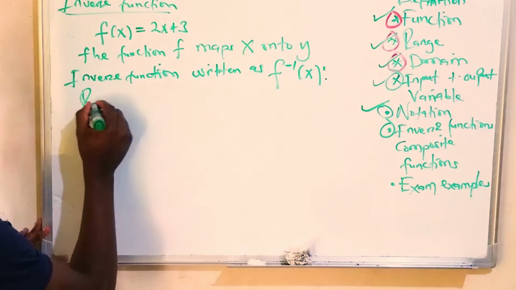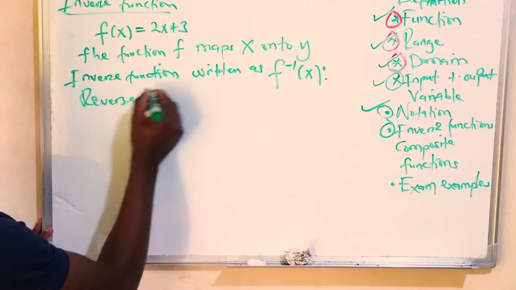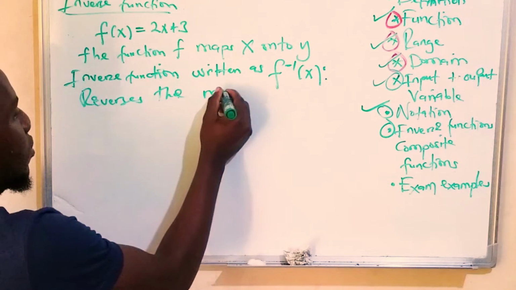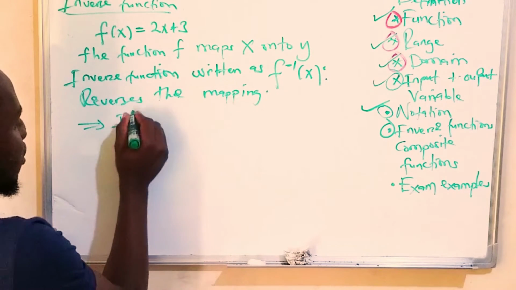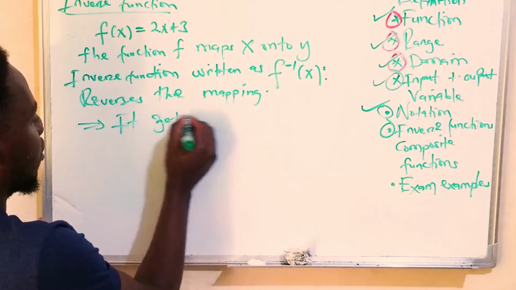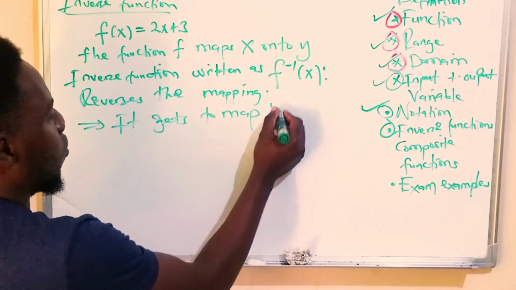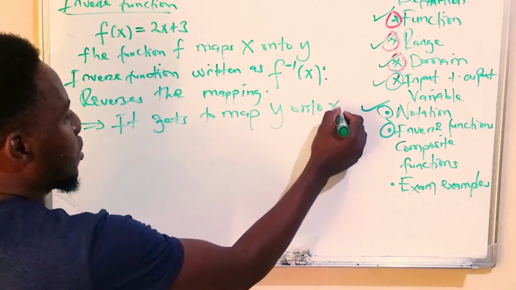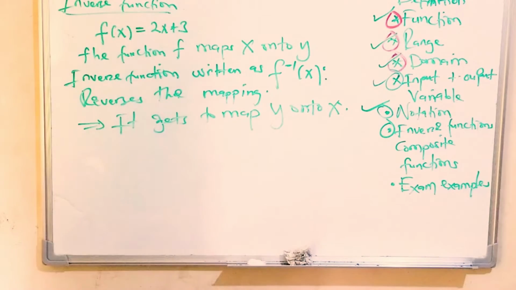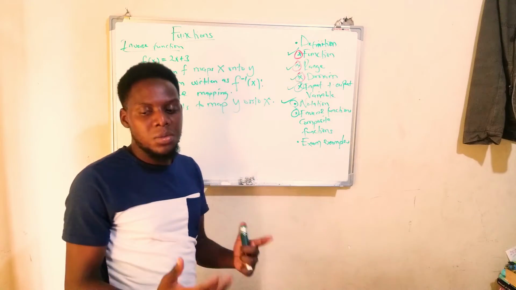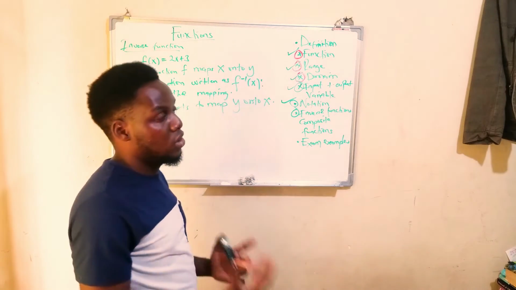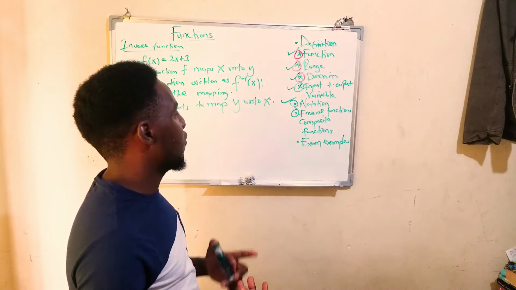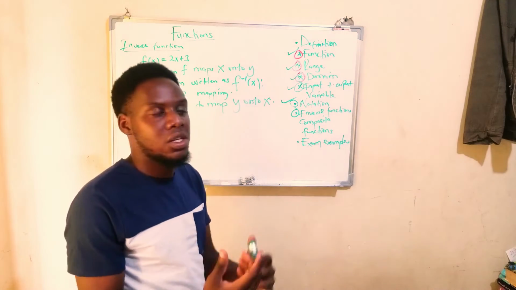It reverses the mapping; it maps y onto x. So now when you have been given a question, how do you come up with an inverse function? There are 3 steps that you have to follow when you're changing a function into an inverse.